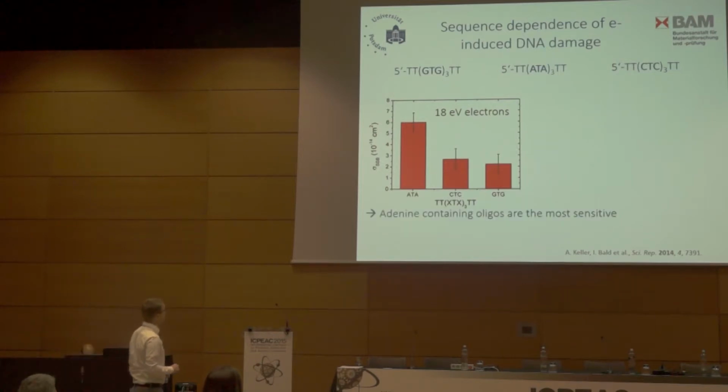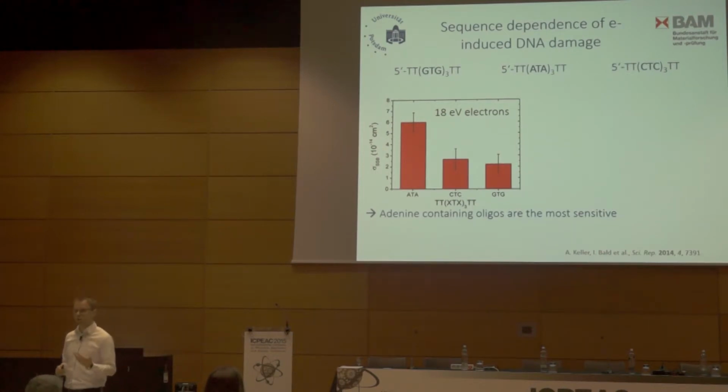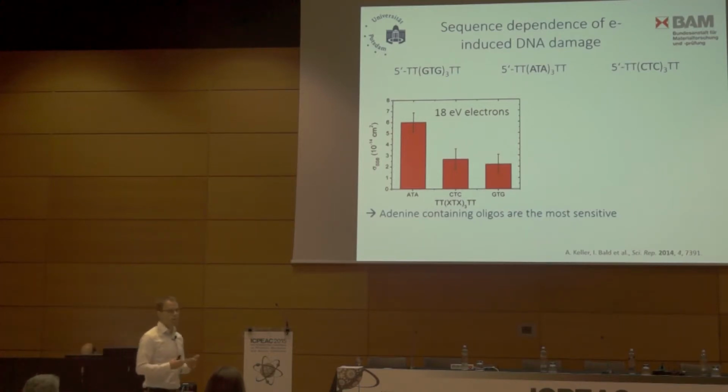This was a bit surprising. Adenine oligos seem to be quite sensitive. This is surprising because the ionization cross-section is actually the highest for guanine and is lower for adenine. So there must be some additional effects that cannot only be attributed to the properties of the single nucleobases.